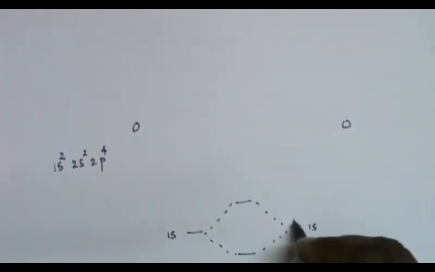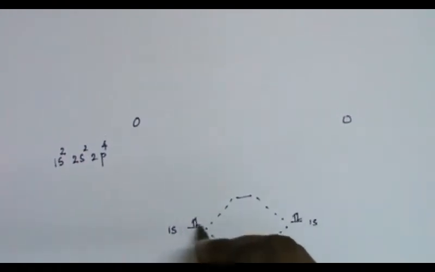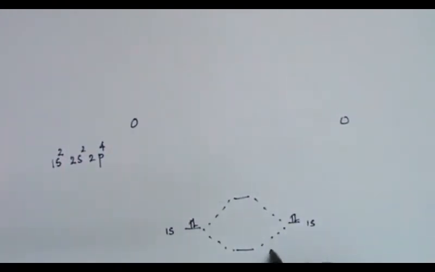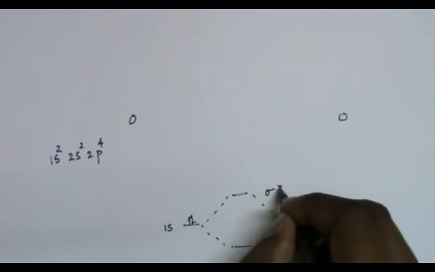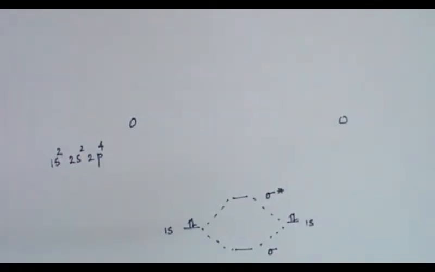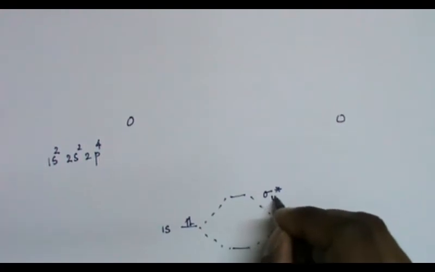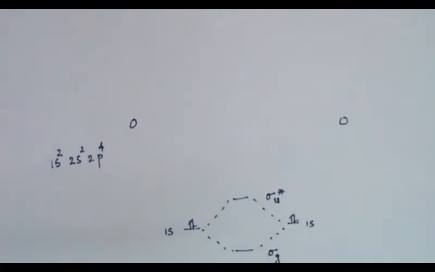Here we have 2 electrons, here also we have 2 electrons. This is sigma orbital, this is sigma star orbital. Sigma orbital is gerade, sigma star is ungerade.